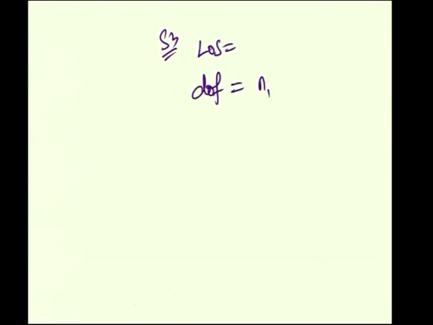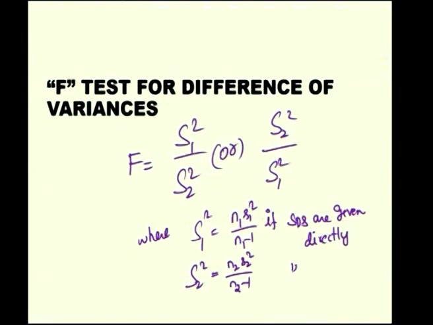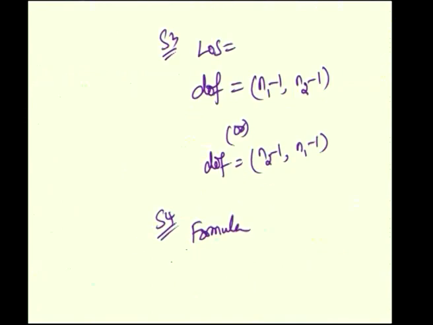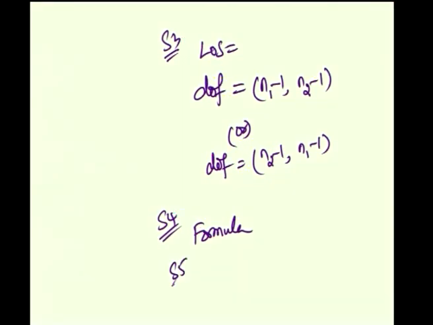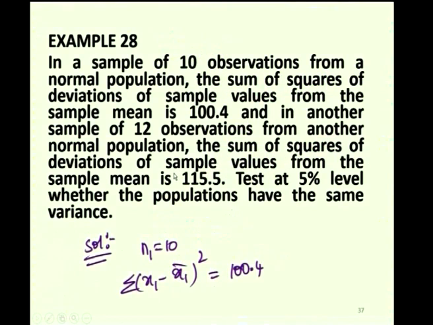Degrees of freedom will be N1 minus 1 comma N2 minus 1 if the formula of F is S1 square by S2 square, or the degrees of freedom will be N2 minus 1 comma N1 minus 1 if the formula is S2 square by S1 square. Okay. Now, step 4 is the formula part, and step 5 is conclusion. All the other steps are same. Conclusion step. We shall see this problem.